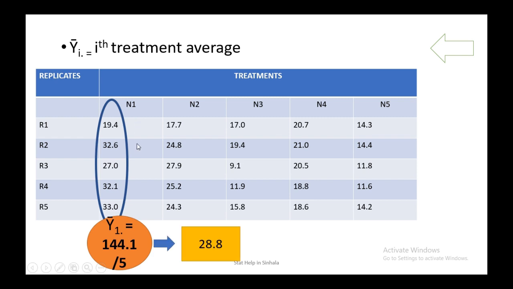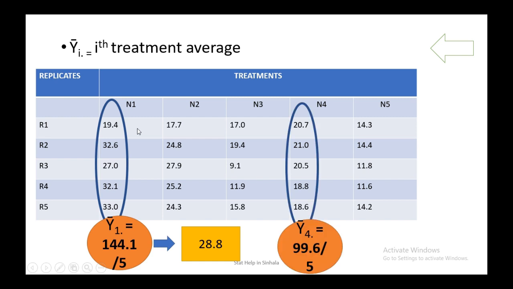So this is the Y1 dot bar for the N1 treatment. For Y4 dot bar, we take the summation of these observations, and that result should be divided by the number of replicates. Then we have this result. So we know how to calculate Yi dot bar.